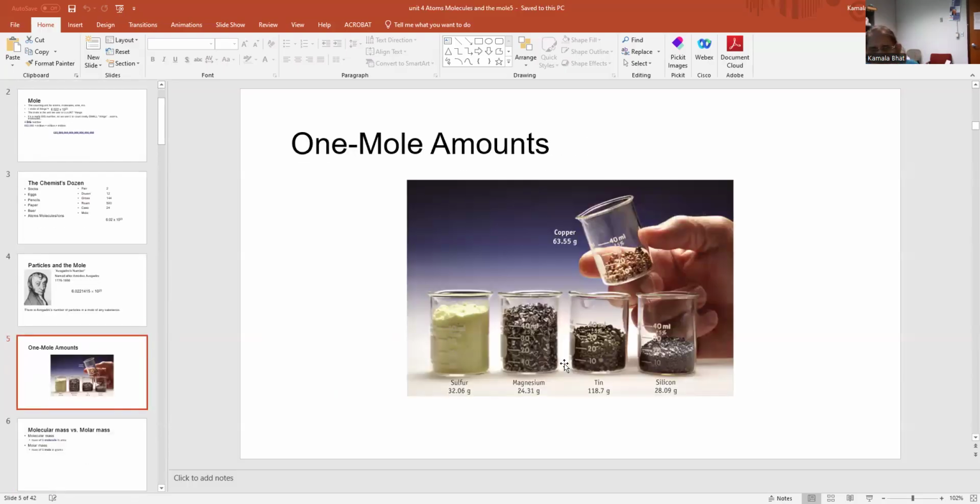So when we talk about 1 mole, the mass of 1 mole of a substance is the molar mass of the compound, or the atomic mass of the element.